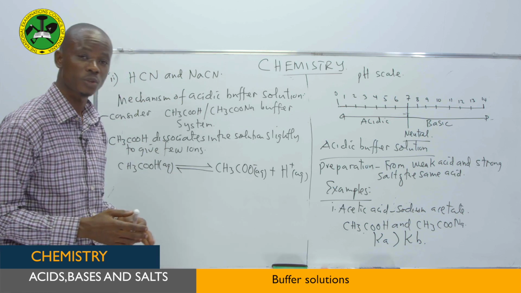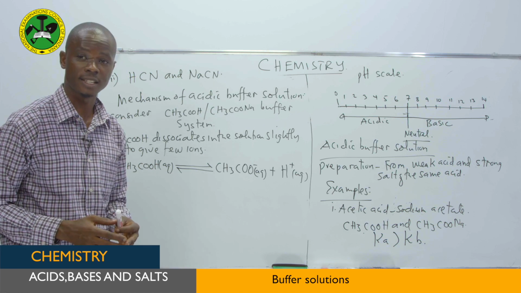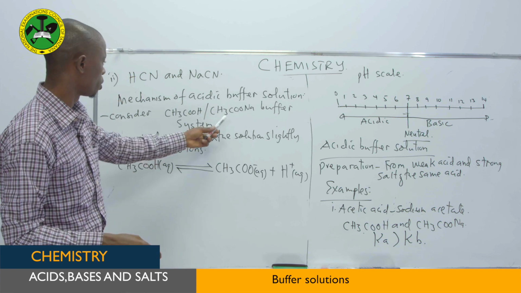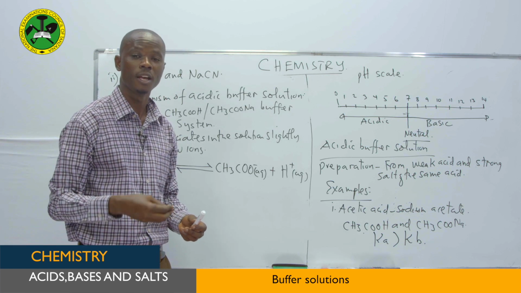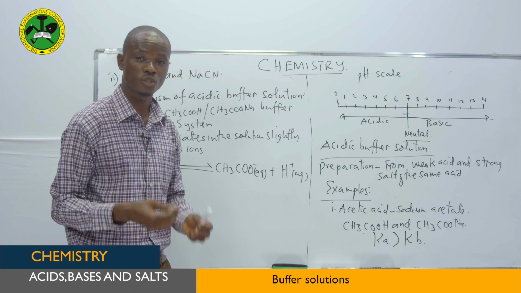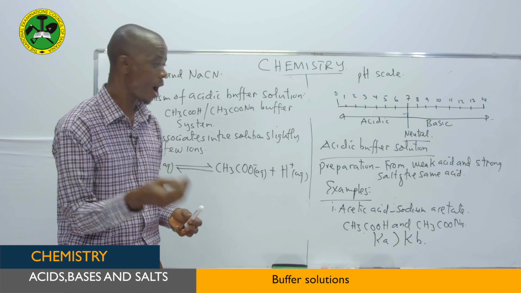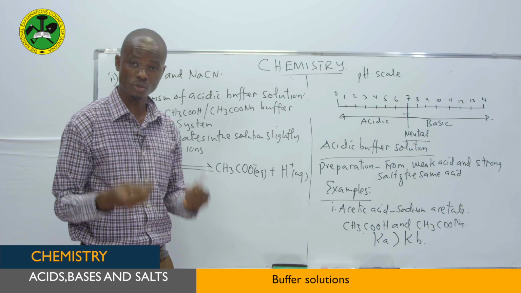Now after this partial dissociation of the acetic acid, the strong salt, which is sodium acetate, will also dissociate in the solution. But the dissociation of this salt is complete. Why? Because this is the strong salt.